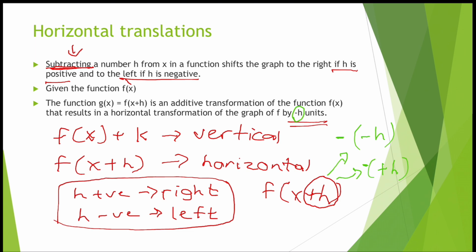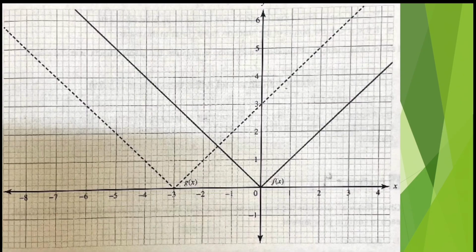So in this case, I'll have a positive h, and in this case, I'll have a negative h. So whenever I have f of x minus h, the first thing would be to multiply the h along with the sign by a negative sign to get positive h. And if I have a positive h already, when multiplied with a negative it would result in a negative h. And then you'd consider the sign to apply the changes, whether it will move right or left. And it will be much clearer with the illustration that follows.